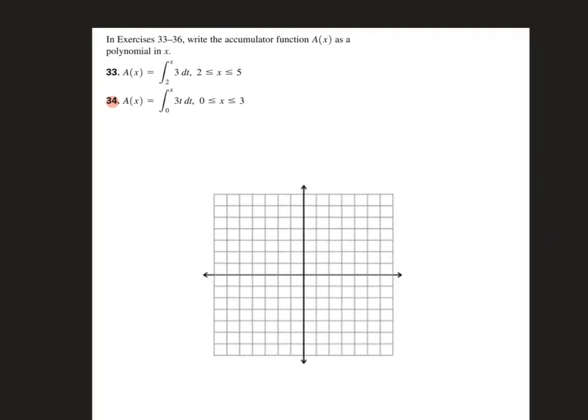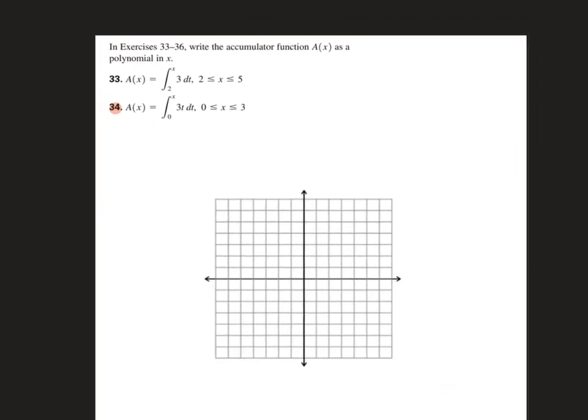Okay, this next one, write the accumulator function A of x as a polynomial in x. An accumulator function typically has a constant down below, and the variable is in the upper limit. The variable could be in the lower limit, but for most word problems that usually wouldn't make sense. Notice that the variable in the integral is t and this is x.